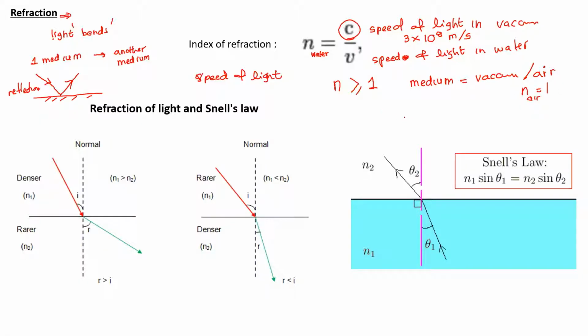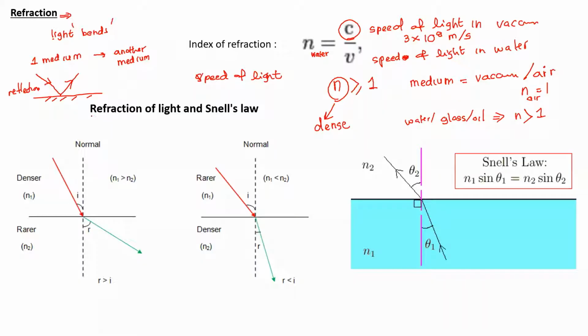For any other medium, water, glass, oil, any other denser medium, your n is greater than 1. So this n tells you how dense your medium is. The denser the medium, the higher the refractive index. So you can compare n values and tell which medium is the denser medium and which is the rarer medium. Okay.